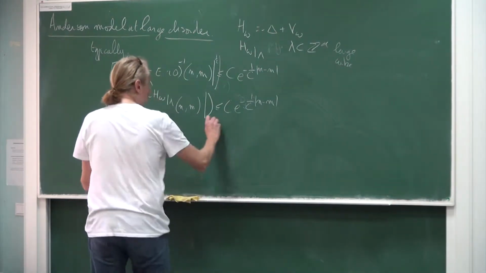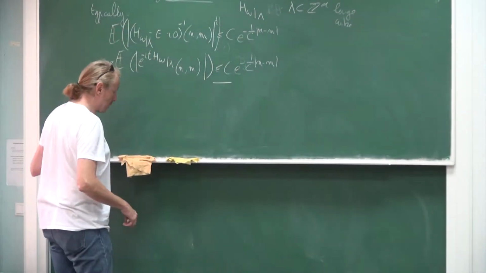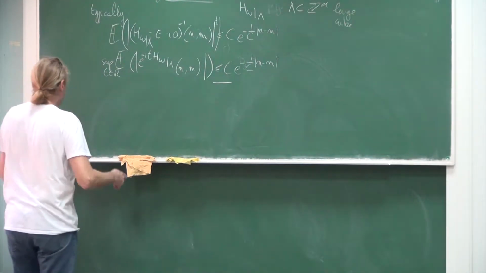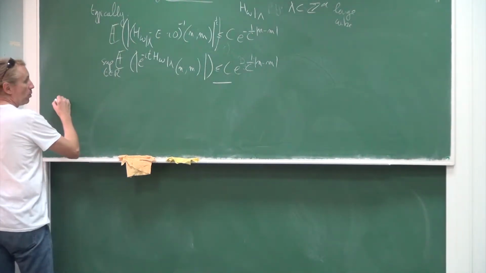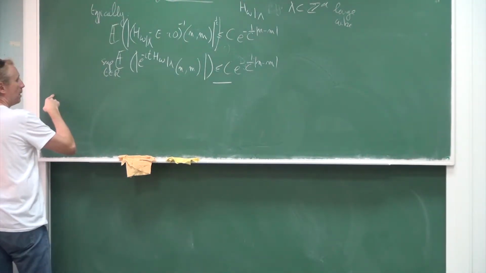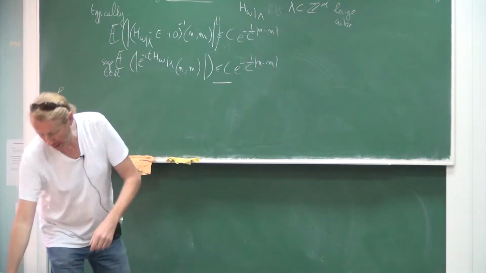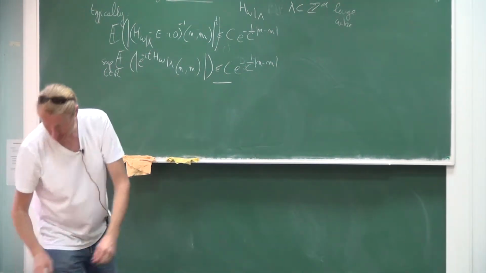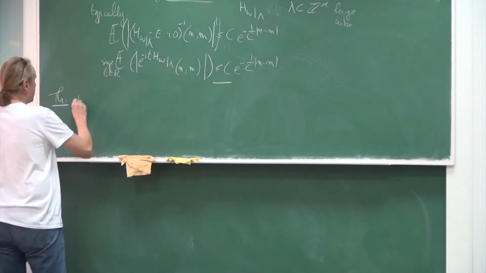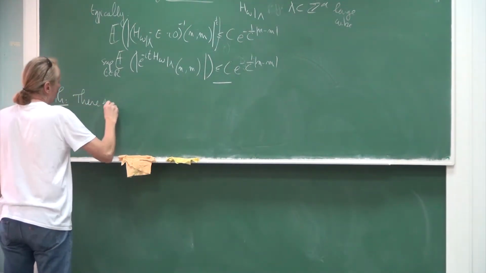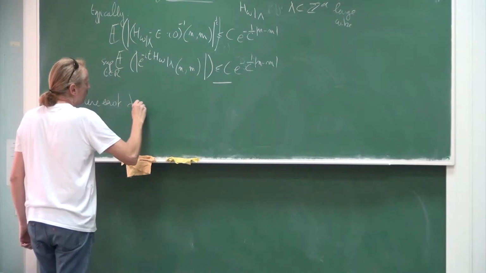Let me write it. In my applications, I'll be more interested in the finite volume version of the theorem. So today's goal is to prove the following thing. Theorem. For any p, there exists Lambda 0 positive.